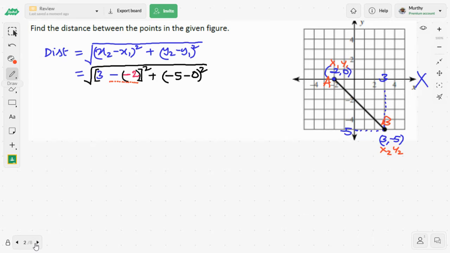But still, I strongly recommend writing an extra step. It is 3 minus negative 2, that is positive 2, whole square, plus negative 5. Here I am not doing any simplification, I just copied the above step.